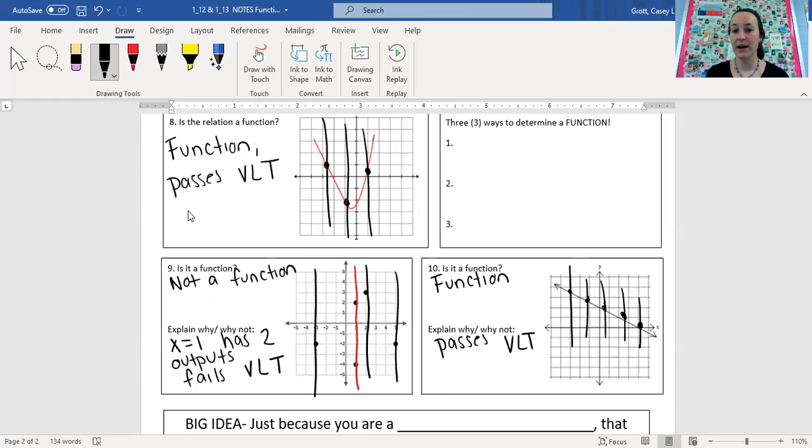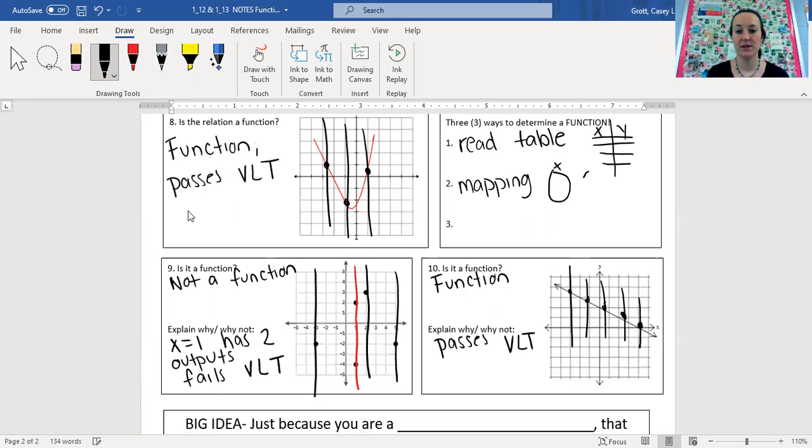So to summarize, we have three different ways to figure out whether something is a function or not. We looked at reading a table. Okay, we looked at tables. We looked at mapping diagrams.